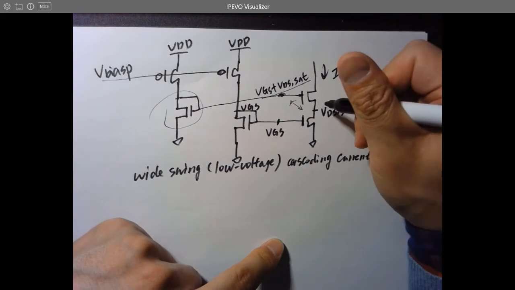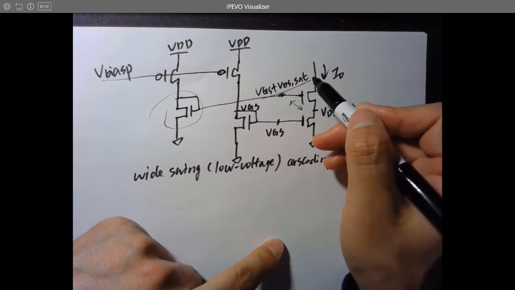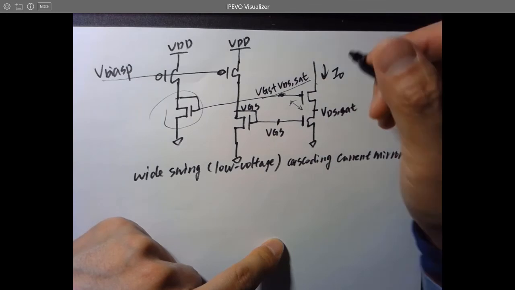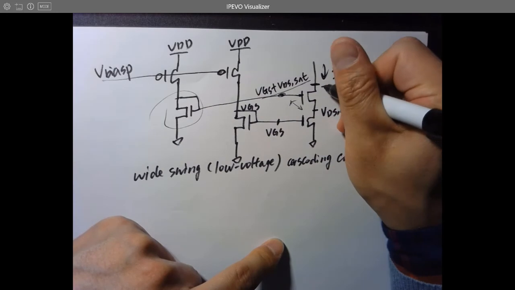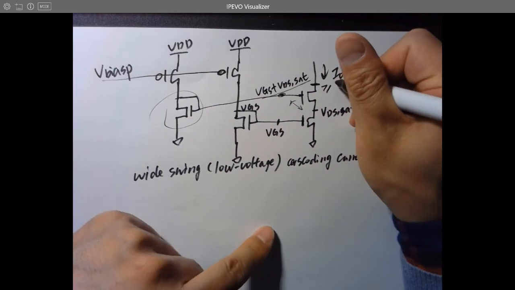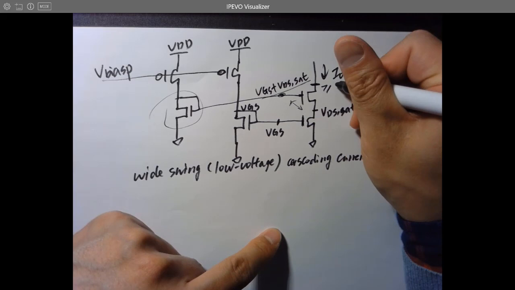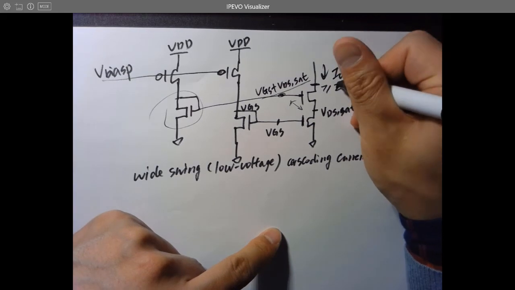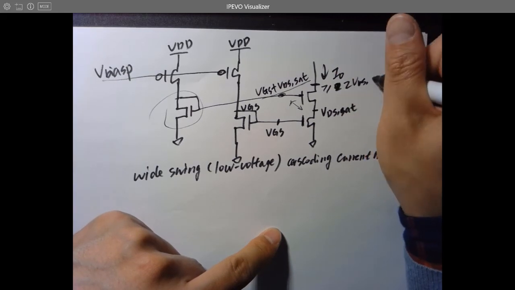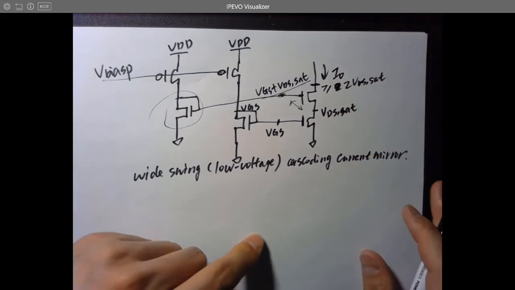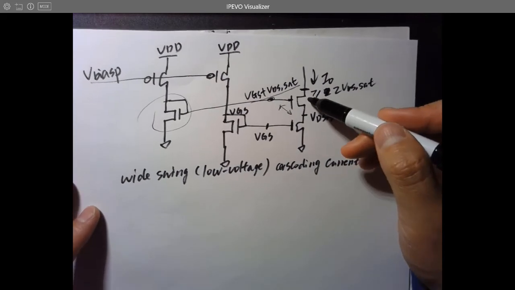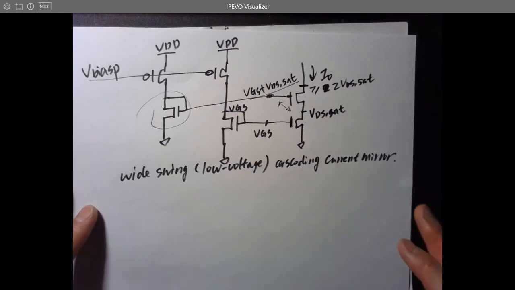and it's not affecting anything over here for this overdrive voltage. So this one has to be larger. The smallest value for this point has to be 2 VDS set to saturate both transistors over here in this cascoding structure.